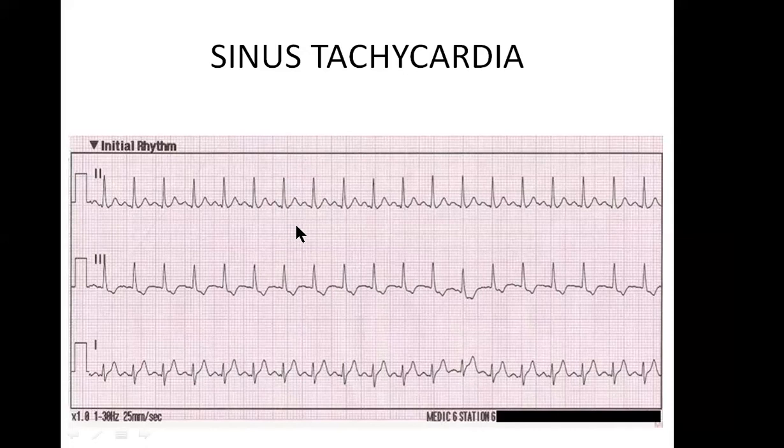As the rate increases, the P wave will merge into the QRS complex or into the T wave. It will disappear. So for diagnosis, if you see the T wave, you can say it's sinus tachycardia. If you don't see the T wave, you can say it is SVT.